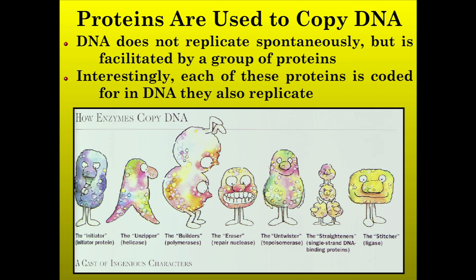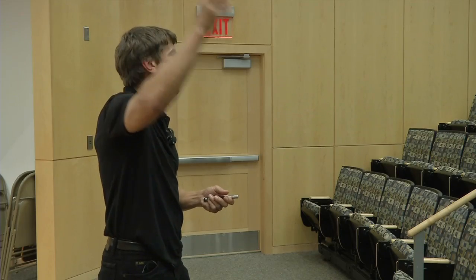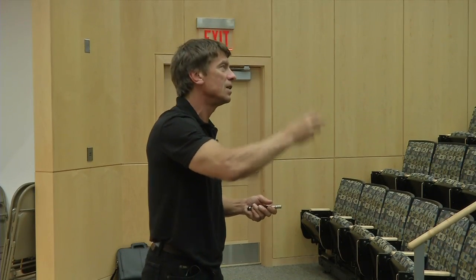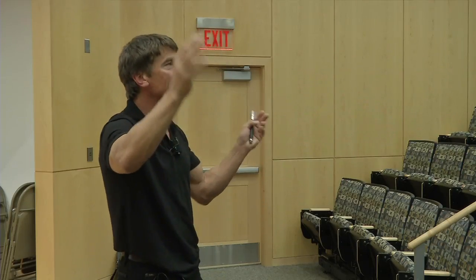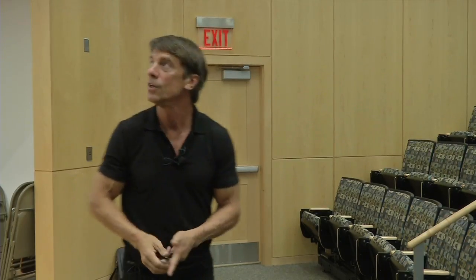Another one called a helicase unzips the DNA, bringing apart those two templates. Another one that's very important for biotechnology, and I'll get back to this later, is called a polymerase. It brings in the A and matches it with a T. It brings in a G and matches it with a C and builds the strand, polymerizing that strand together.